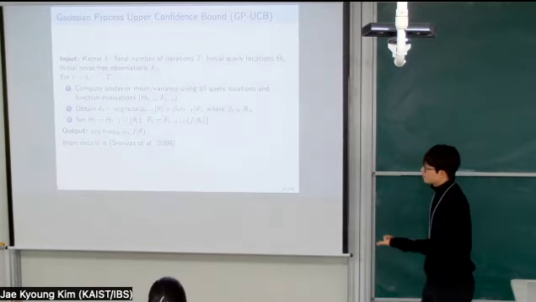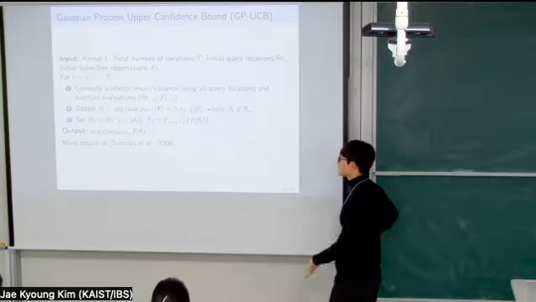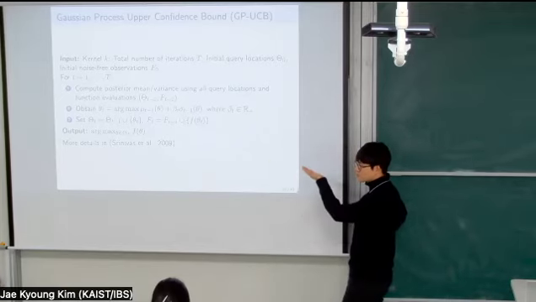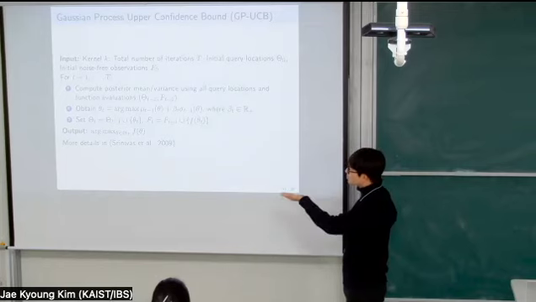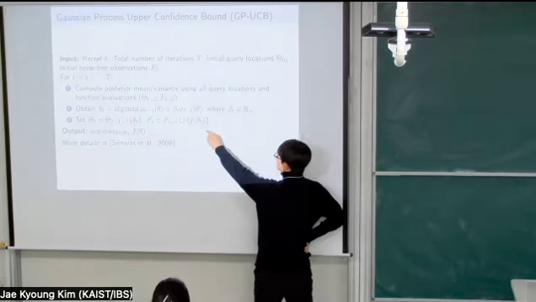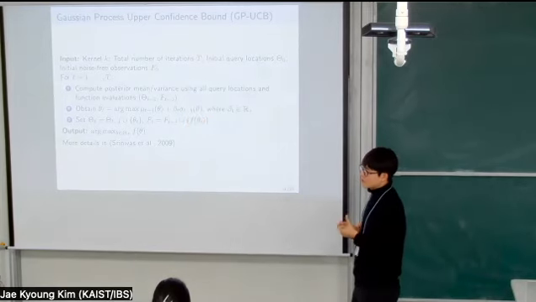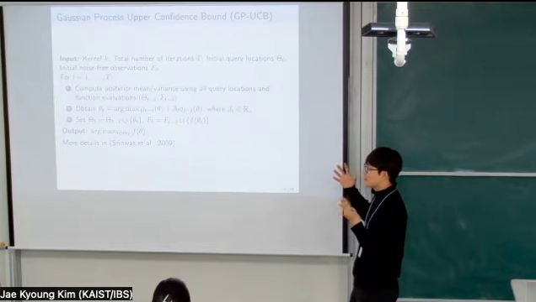Yes, so typically you would choose beta T. In practice, it's actually very difficult to tune. People just use some constant value, because at the beginning, uncertainty is quite large no matter what the problem is. Because you typically put a zero mean Gaussian process, the uncertainty hasn't been reduced.